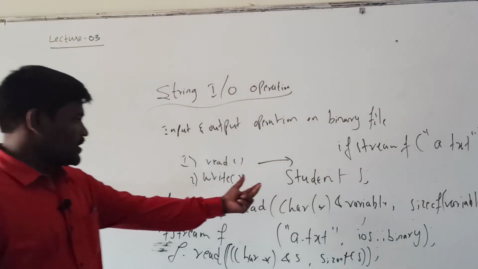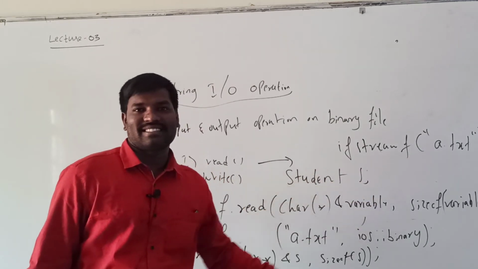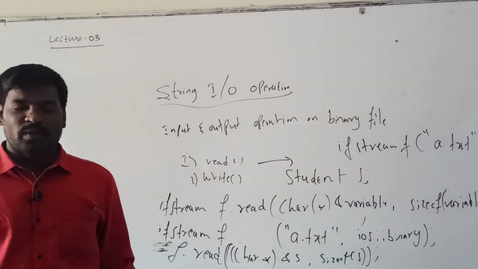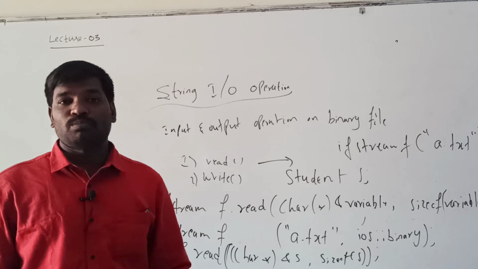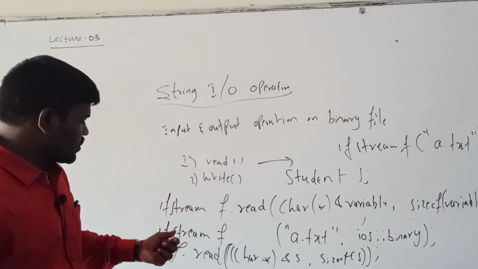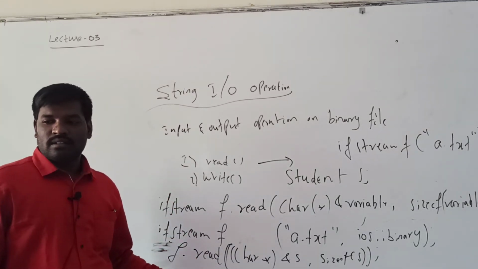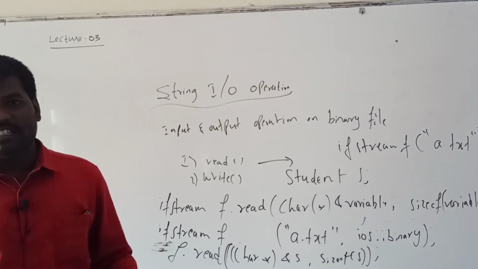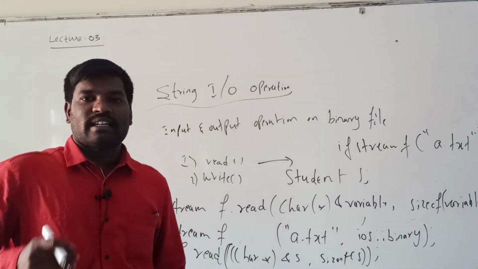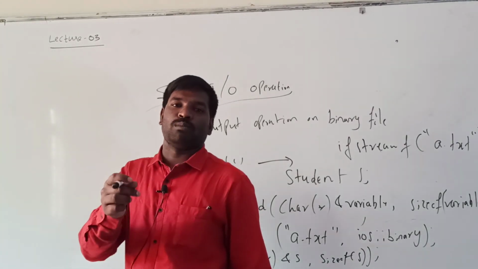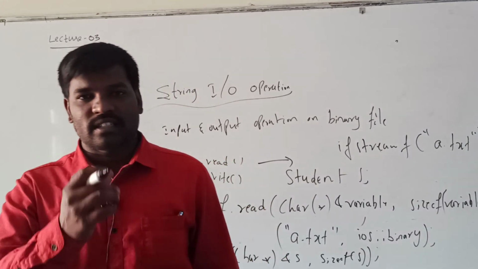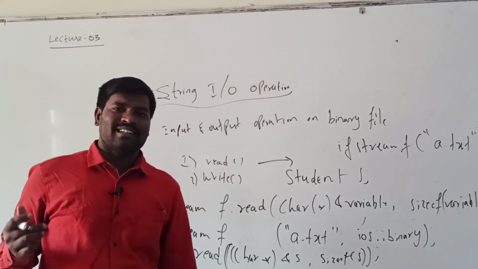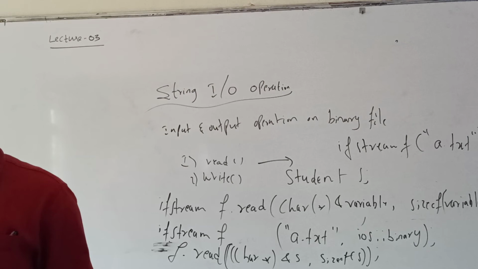See here, student is a class and yes is the object. So if you want to read the object, we have to use read. Object means it refers to the class variables, more than one variable. Here the properties of students are roll number, name, percentage, like that.